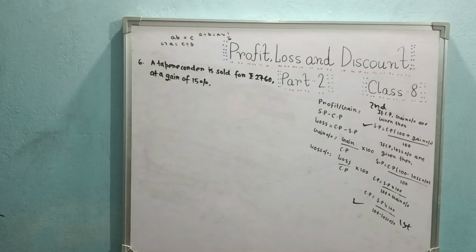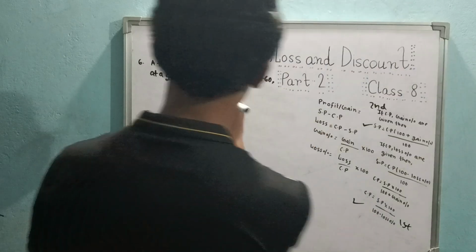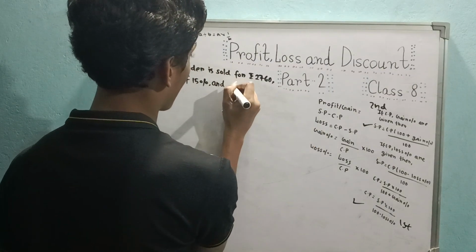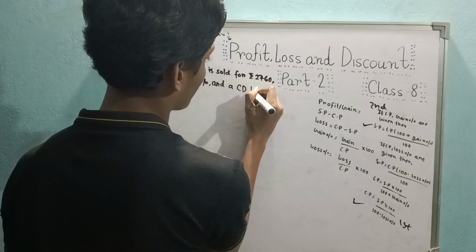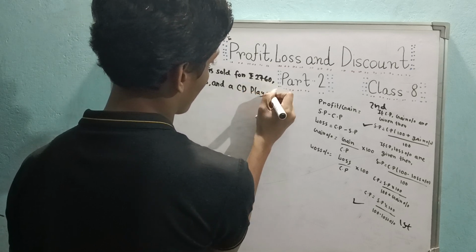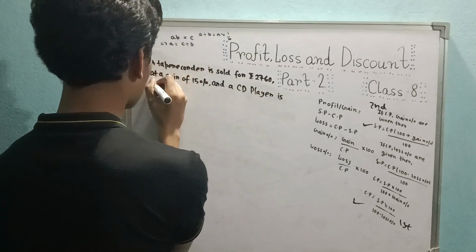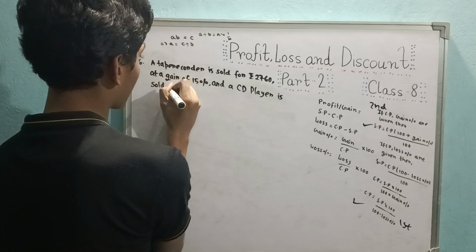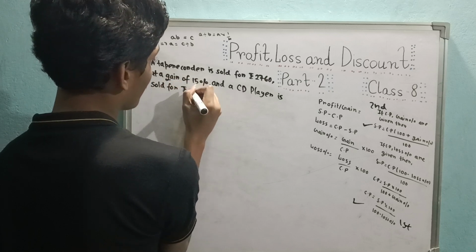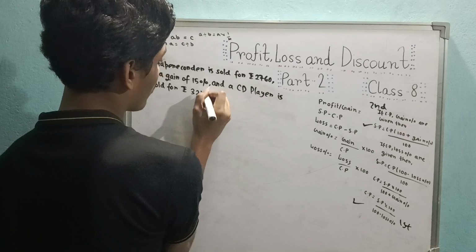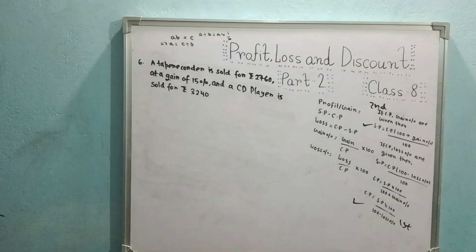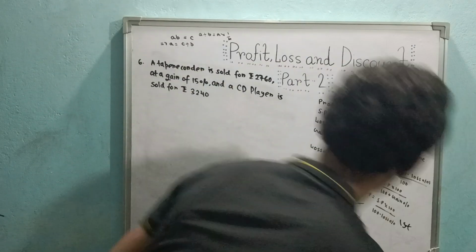And a CD player is sold for rupees 3240 at a loss of 10%.